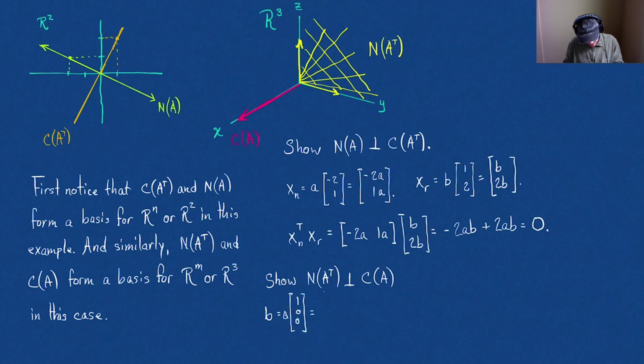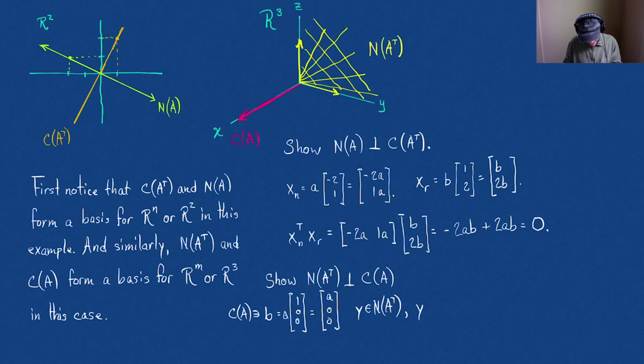So I'm just going to write b as a, 0, 0. This b is in the column space of A. And then let's take our y in the null space of the transpose. I know I switched those orders, sorry about that. It's commutative. Sorry, that was a silly math joke.